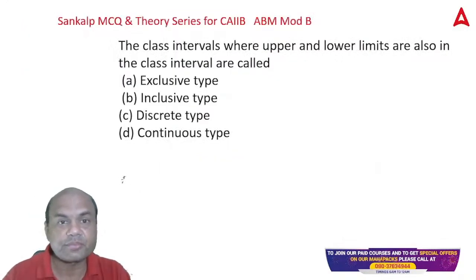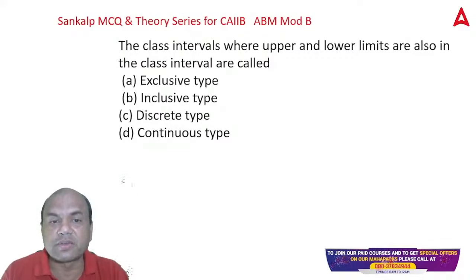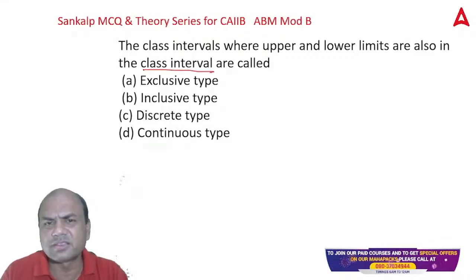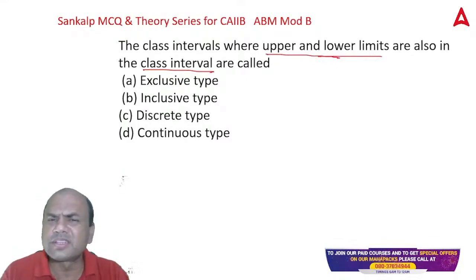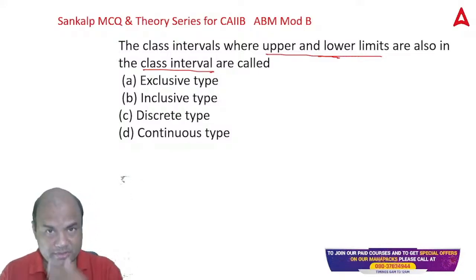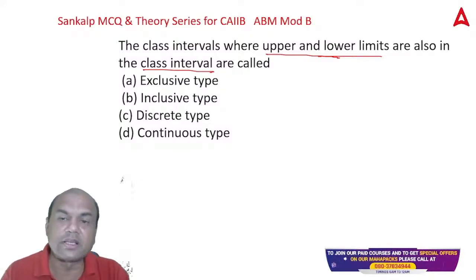The class where the upper and the lower limits are also in the class interval is called what? We did the same question earlier. Is it exclusive, inclusive, discrete, or continuous?